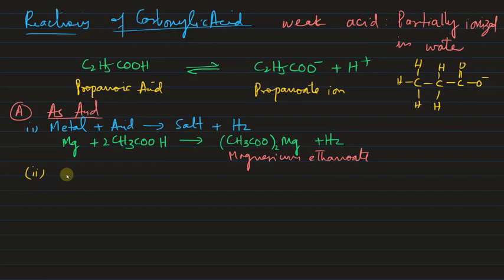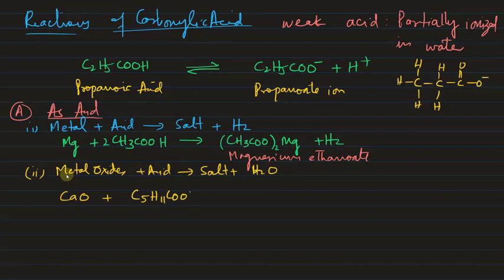So the next reaction of carboxylic acid as acid is that they react with metal oxides. Metal oxide plus acid gives a salt plus water. So let's write the metal oxide. For example, we can take calcium oxide, reacting with C5H11COOH.